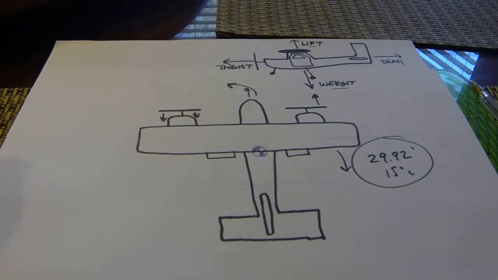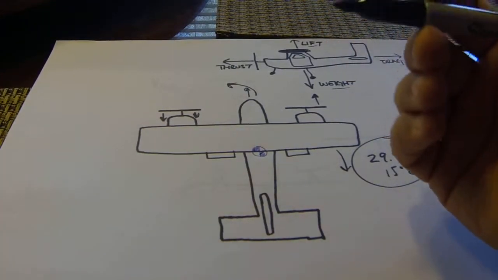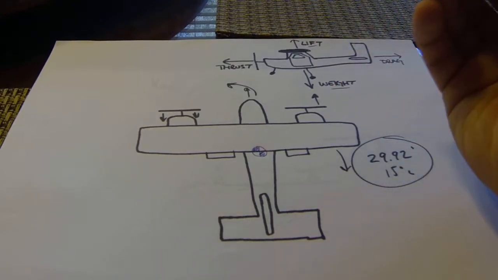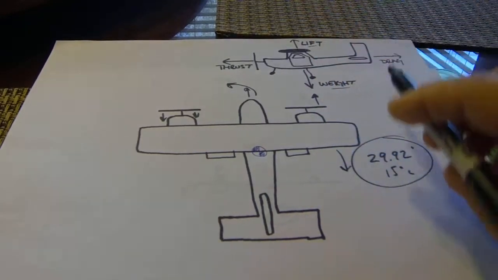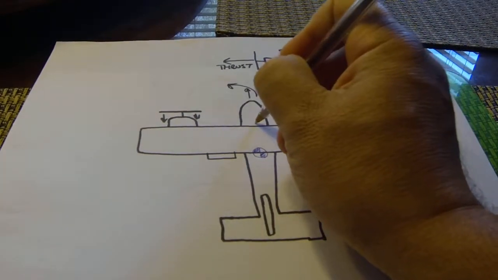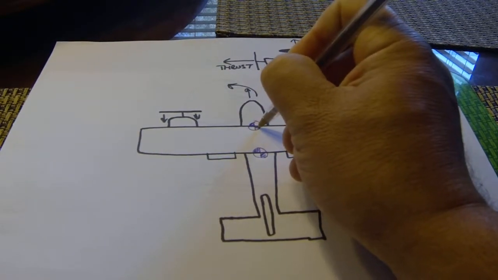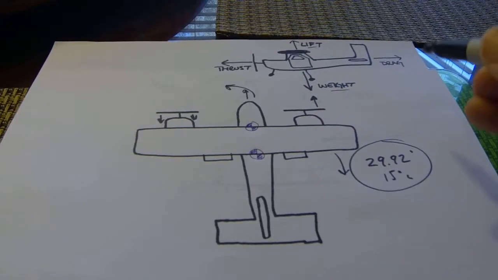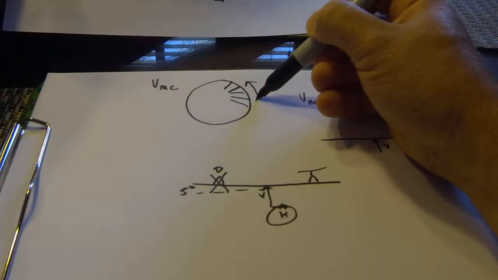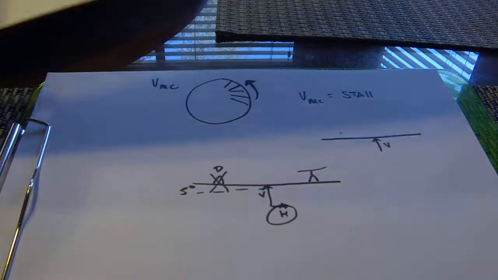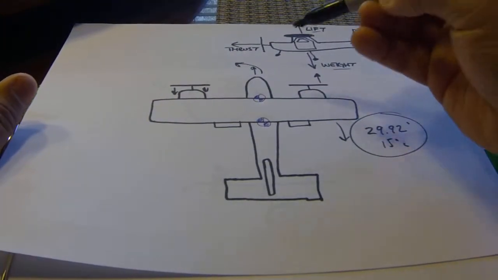All right. CG, forward versus aft. Again, when we put the CG way forward, it's helping us out. It's decreasing VMC. It's making it this way, right? Why is that?